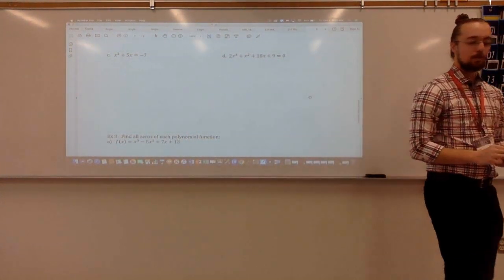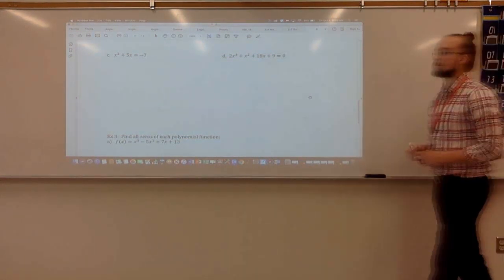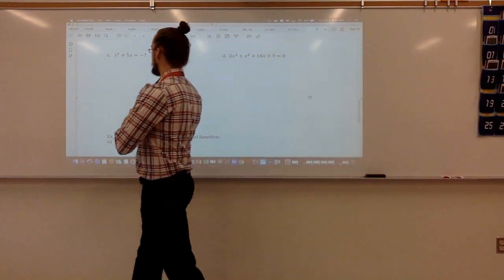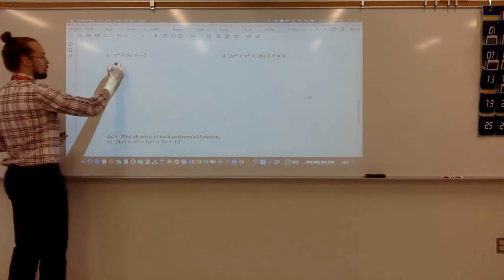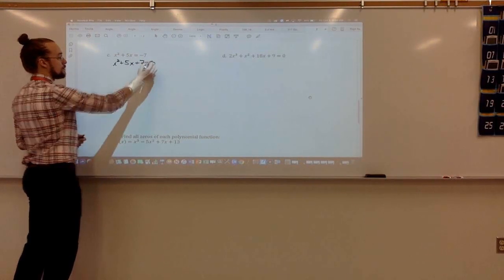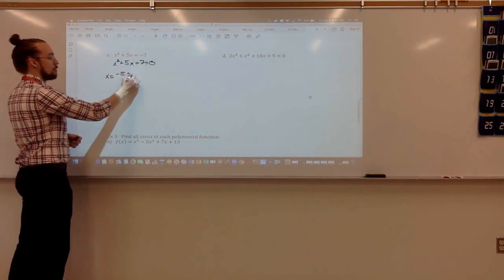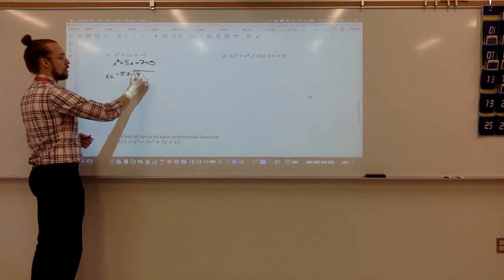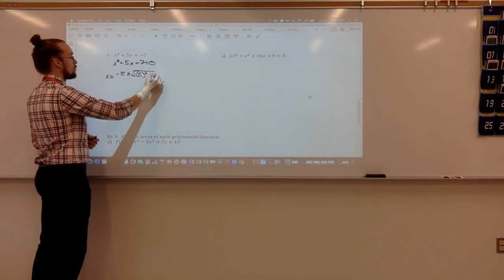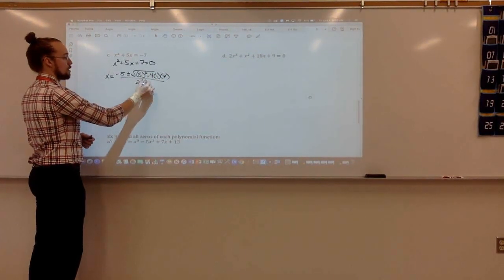Which one are you guys more comfortable with? Quadratic formula? Okay. Then we would have to add the 7 over and get everything on one side equal to 0. So x equals the opposite of b plus or minus the square root of b squared minus 4 times a times c, all over 2 times a.